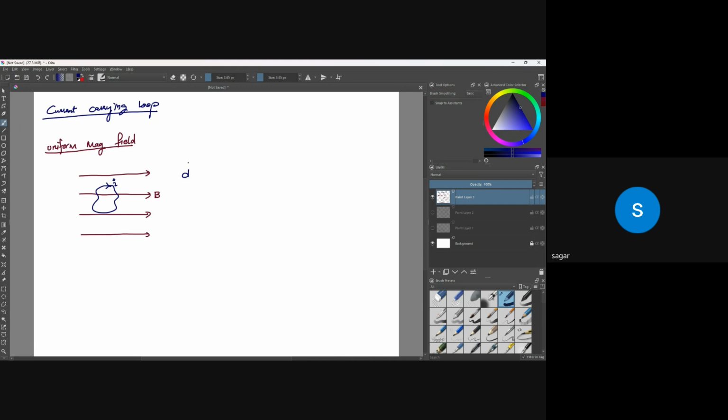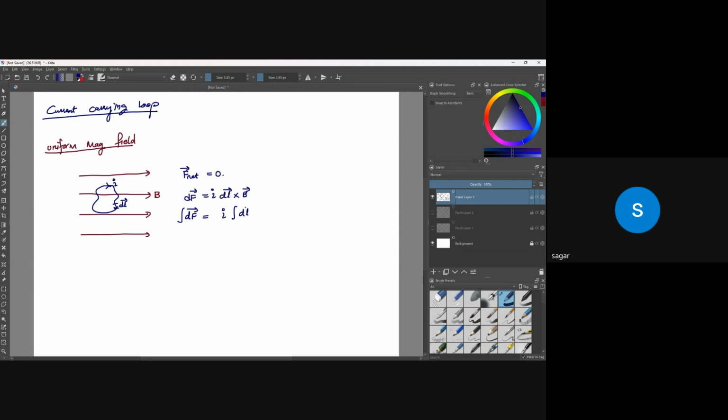If I place a current carrying loop like this, carrying a current I, and find out the force, the net force will be 0 on the wire, guys. It's actually very easy to derive. You take a small section dl, find the force acting on it, dl bar cross b bar, and to find the net force, I'll integrate df bar.